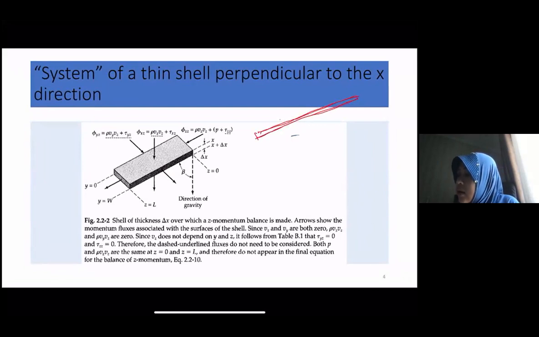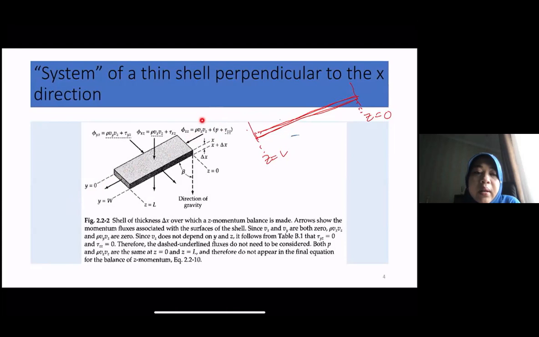For example, this is z equal to 0, z equal to L. And then we have to consider all of the momentum that may happen in this area. First, we have from here to here, because this is the direction.